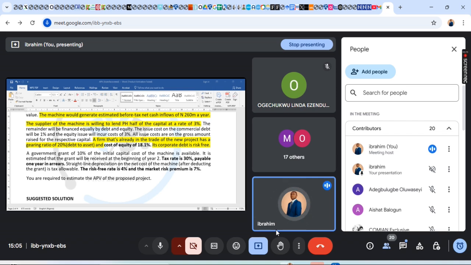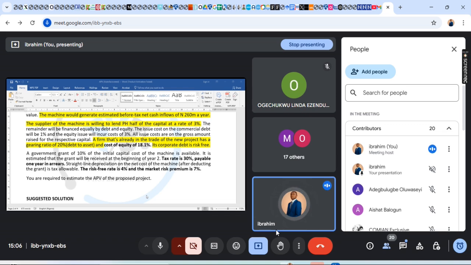Upon identifying Aisha PLC, there will be a debt, a normal commercial debt, whether you are in the banking industry or in the manufacturing industry. This commercial rate is applicable to everybody.